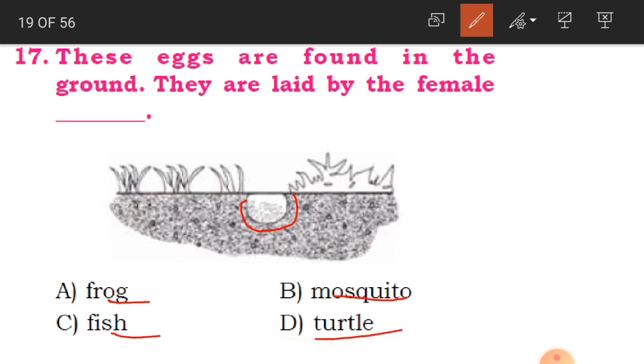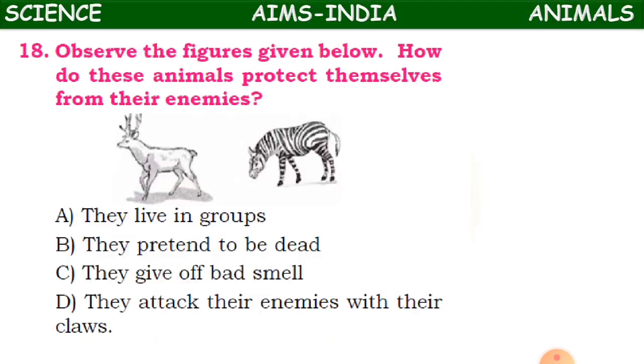See how is the egg? It is a bit large. So then turtle is our answer, which is going to lay the eggs in the ground. Clear, children? Now 18th question.